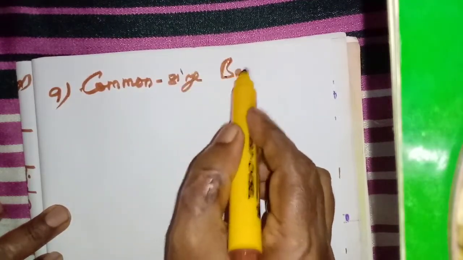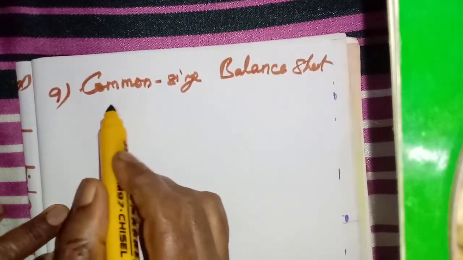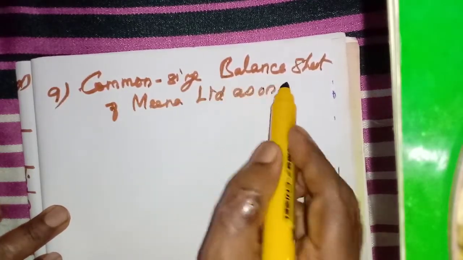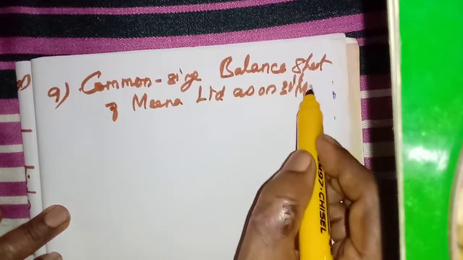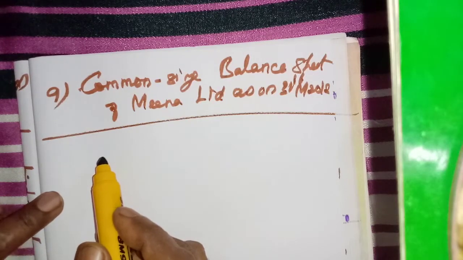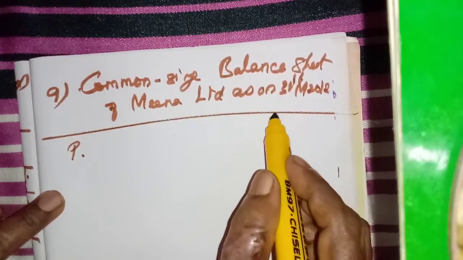Okay, now we will do one balance sheet. Okay, there we have to compare the, we will do the ninth one. Okay, common size balance sheet. Meena Limited as on 31st March 2018. Okay, here that particulars, then two column, isn't it?